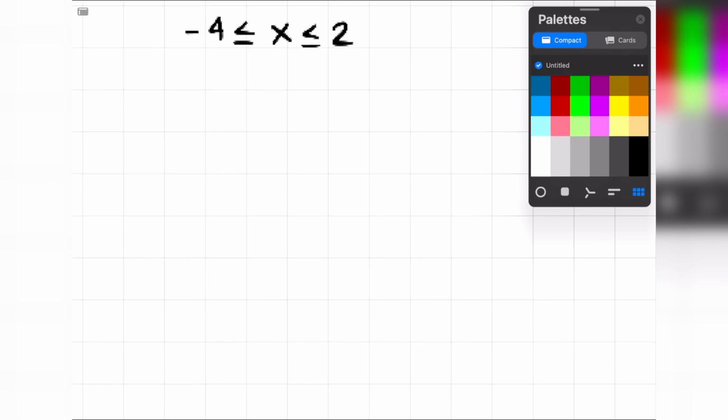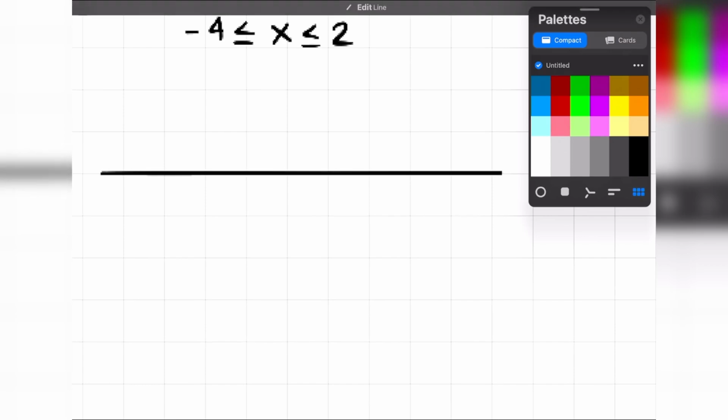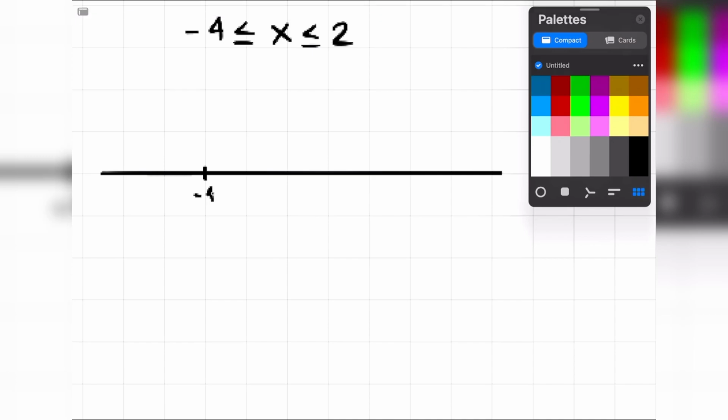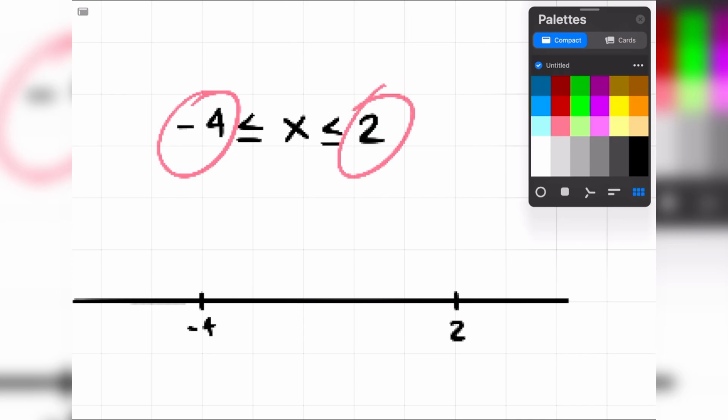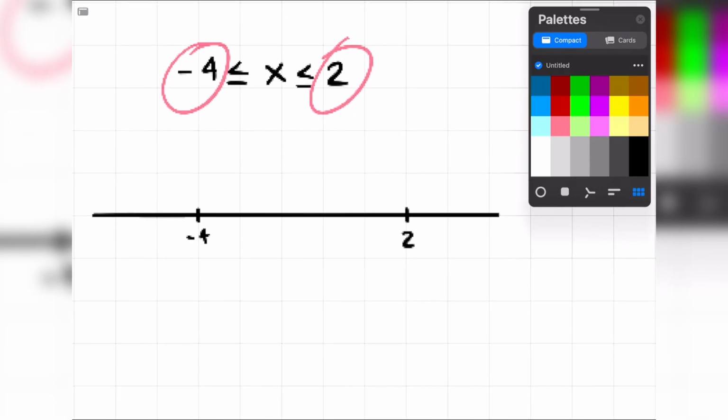What I like to do is before even looking at it, I like to just go on the graph and pick where the numbers are, right? So before I even look at this symbol or this symbol, the first thing I do is look at this number and this number, because everything else is going to be relative to those numbers, right? Everything is going to be relative to those numbers.